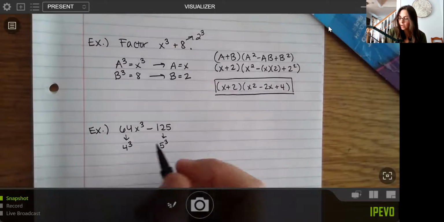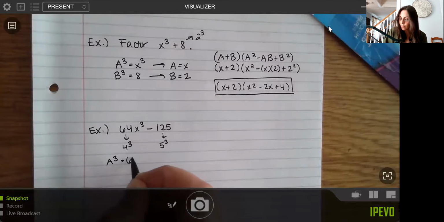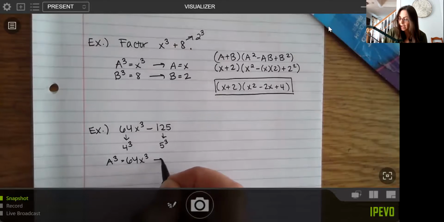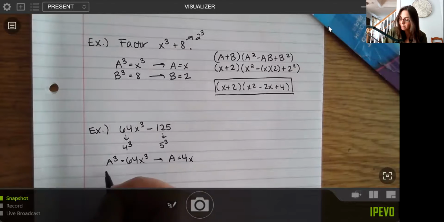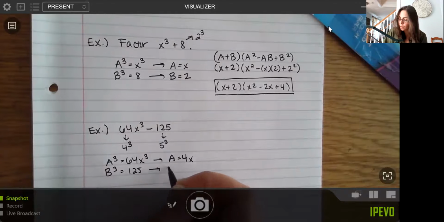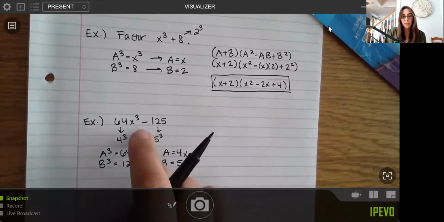So what's happening here is that your a cubed is that 64x cubed. So your a value is just 4x, just taking that x down to the base form. And your b cubed is that 125. So your b value here is just 5. This is the subtraction version.